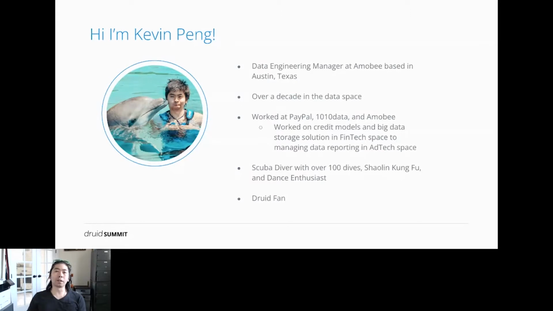I've worked at a few other companies before joining Amobee. The most recognizable one would be PayPal. And during my free time, I like to scuba dive. I've done a lot of dives. One of my most memorable dives was diving off the shore of the Socorro Islands, which is basically a rock in the middle of the Pacific. I saw manta rays, sharks, dolphins, tunas.